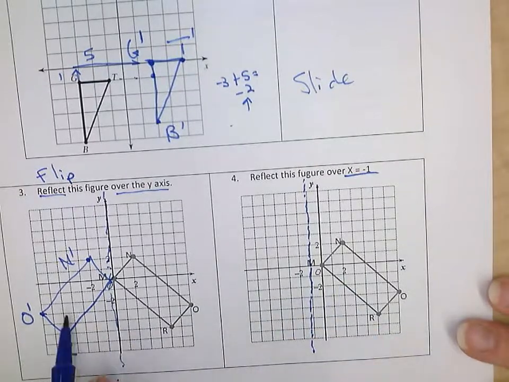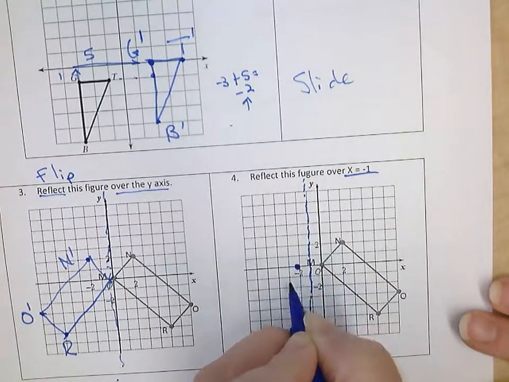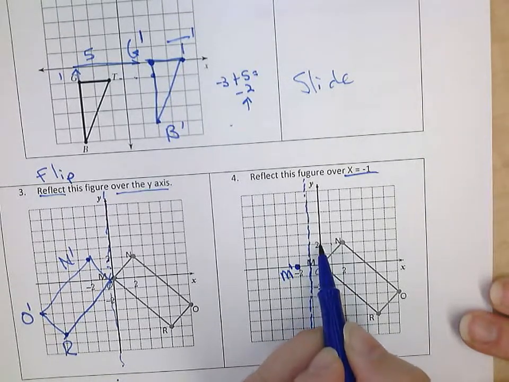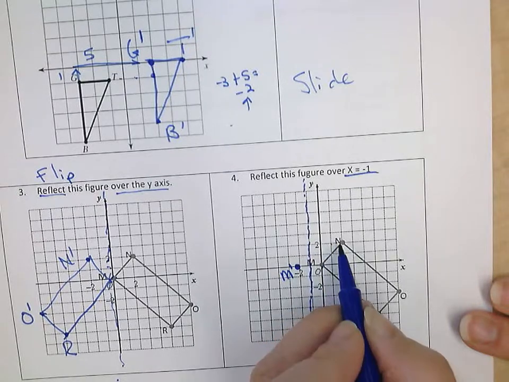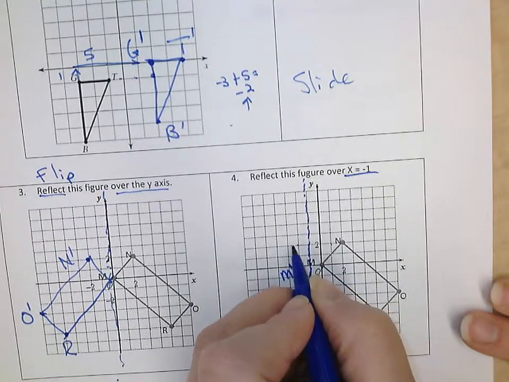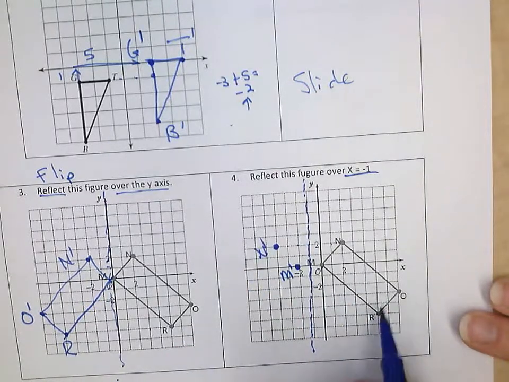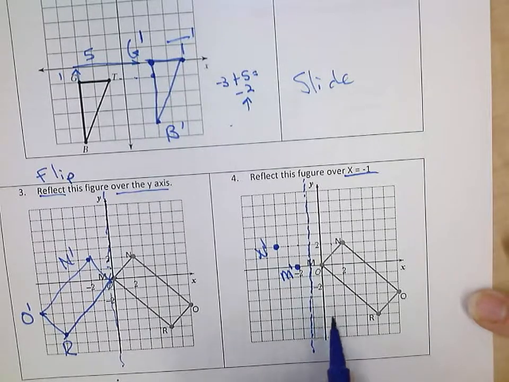So we're going to take our same figure that we have here. We have an M here, and now it's 1 unit away. So our M is going to be right here, and that's our new M prime. Now 1, 2, 3 units away from our line, and so our N is going to be 1, 2, 3 units away as well. Our R first: 1, 2, 3, 4, 5, 6 units away from our line of reflection at x equals -1.